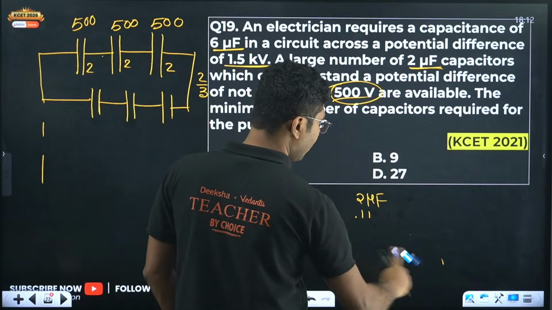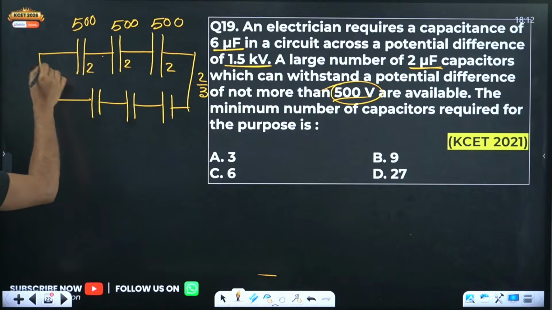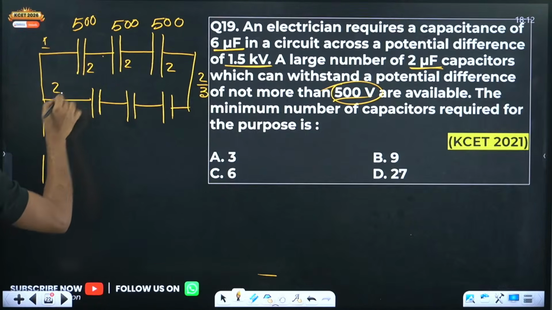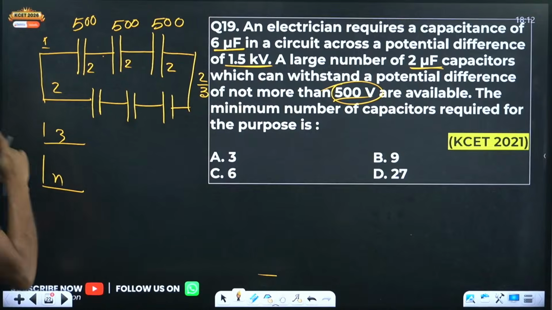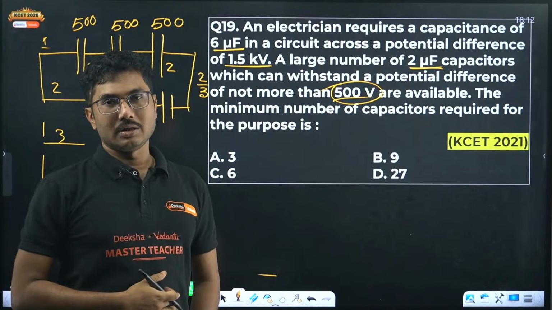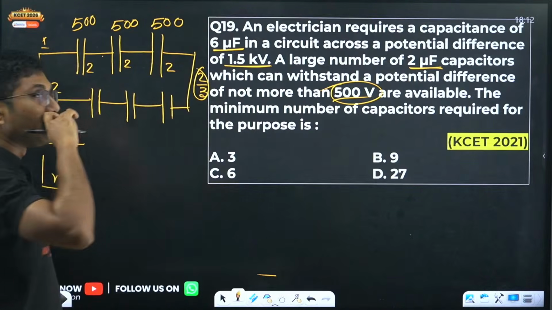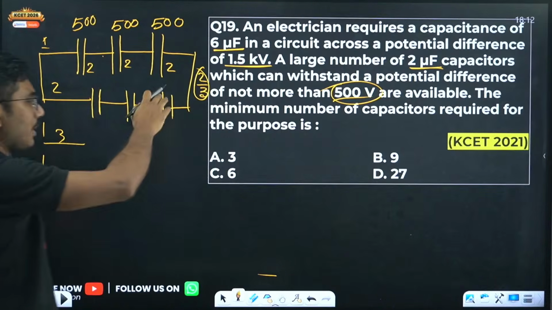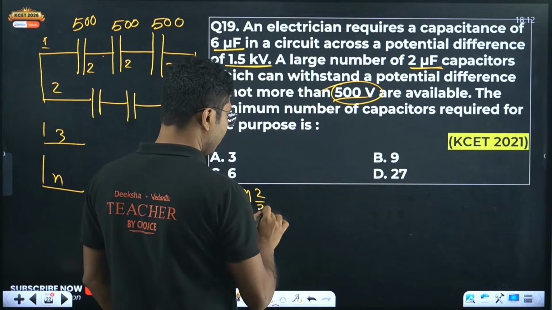Voltage is now solved. Suppose we have 1 row, 2 rows, 3 rows. Suppose we have n such rows, so that the total capacitance is 6 microfarad. Each row has a capacitance of 2 by 3, so n rows will have n into 2 by 3.